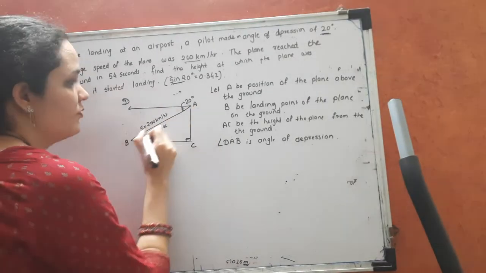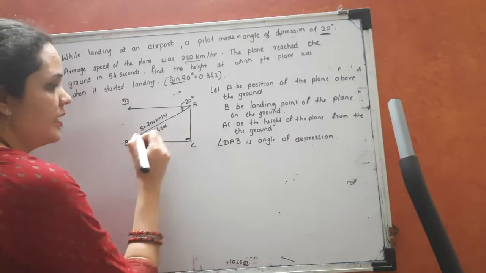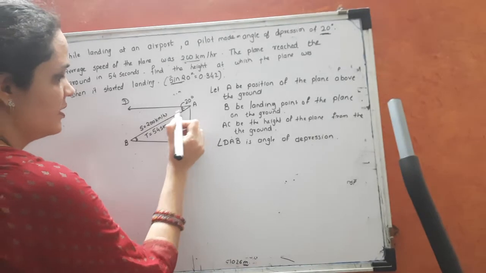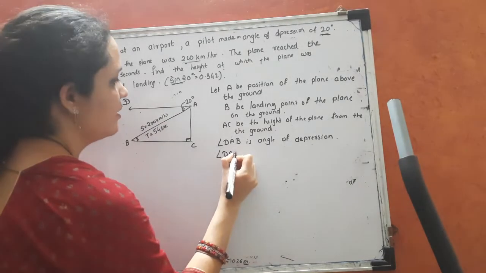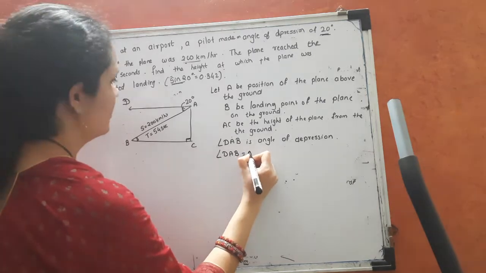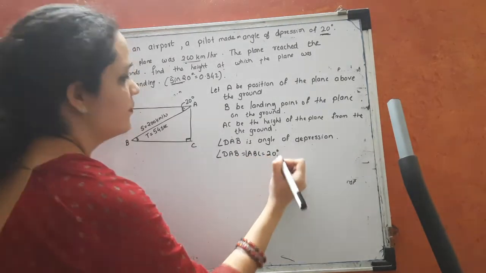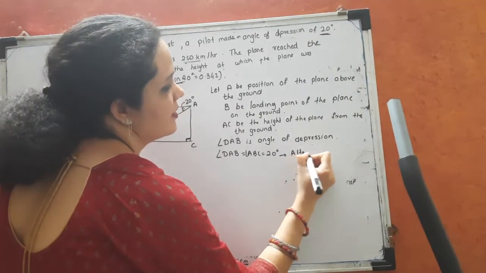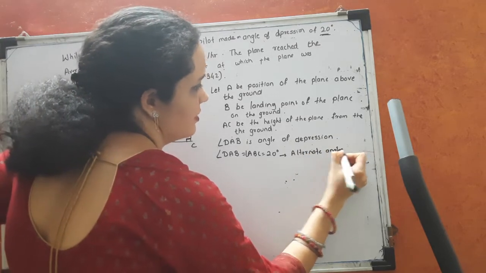These two angles are alternate angles with this transversal AB. Looking at the figure, you can find out these are alternate angles. So I will write angle DAB is equal to angle ABC is equal to 20 degrees. The reason: alternate angles theorem.